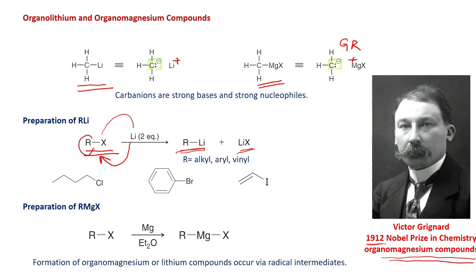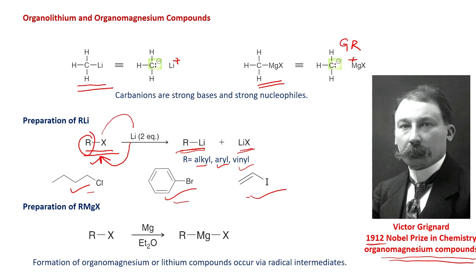In this case, R can be alkyl, aryl, or vinyl. So you can make your organolithium compound from an organohalide, where R can be alkyl, aryl, or vinyl.